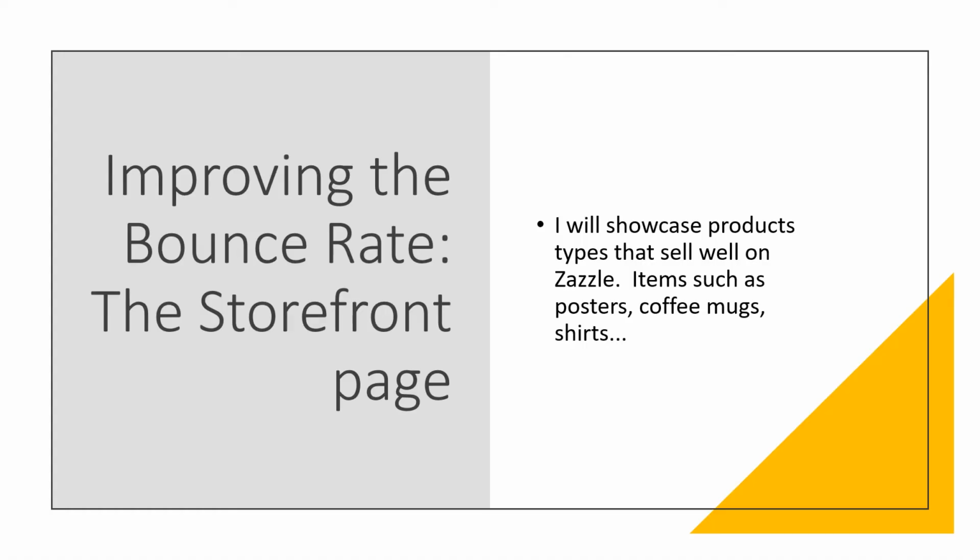I would showcase products that sell well on Zazzle. There are certain products that are best sellers on Zazzle overall, such as posters, coffee mugs, shirts, different stationery. They sell well on the Zazzle marketplace. So I want to showcase my coffee mugs and my posters and shirts.